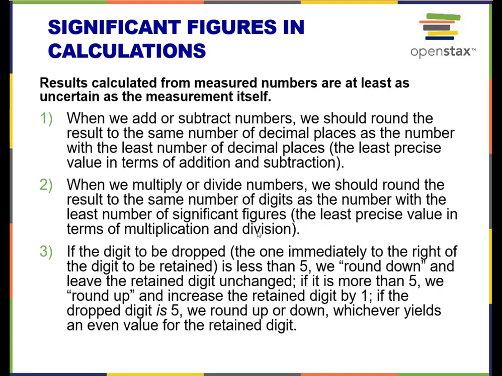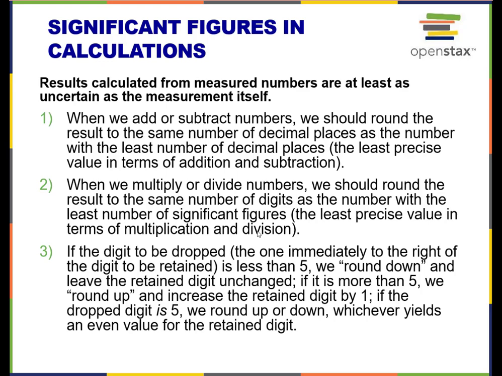When we are multiplying, dividing, adding and subtracting numbers, some that might have decimal places and some that might not, it's important to consider how many digits we're allowed to keep in the result. When I add, subtract, multiply or divide two numbers in a calculator, sometimes I'm left with lots of digits, sometimes 12 different digits.